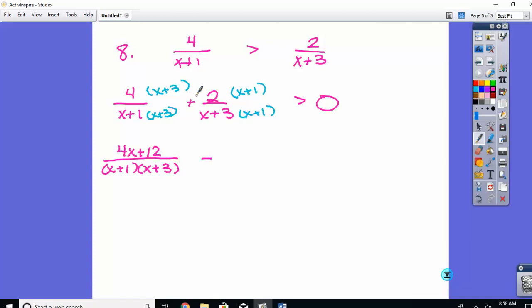I'm just going to treat this as a negative 2 and distribute that. So negative 2x minus 2 over x plus 1, x plus 3. So now my denominators match. We can make it into a single fraction. Add your numerators. 4x minus 2x is 2x. 12 minus 2 is 10.